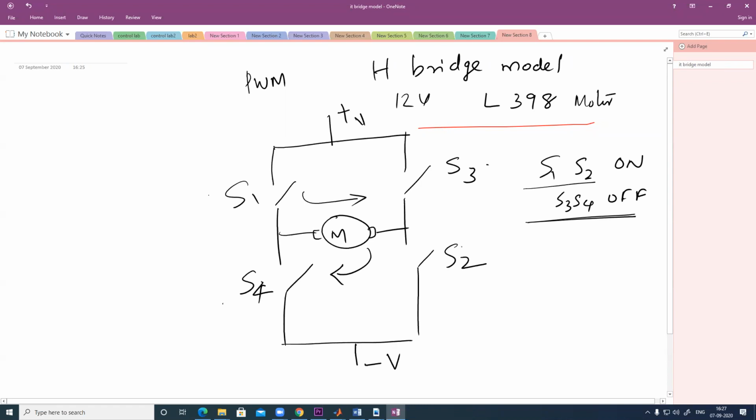And the S3, S4 on means S1, S2 is off. The current flow is from this direction to this direction, and the motor deflection will be reversed. Current direction and the deflection will be in opposite side.